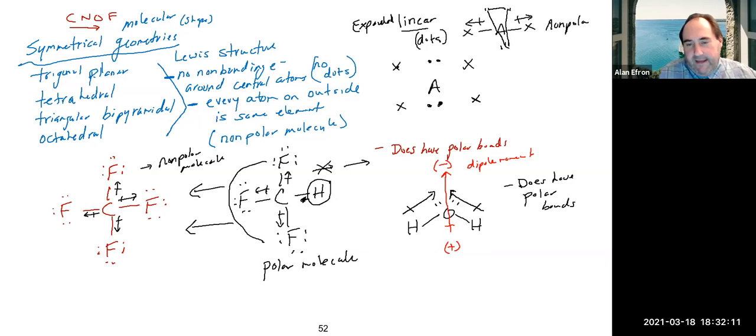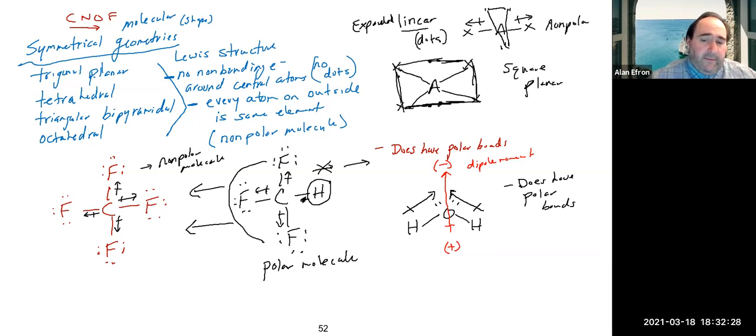And those guys make a nice square. So if you remember, that makes it square, which is why it's known as square planar. It makes basically a square within a plane, which means if all these guys on the outside are the same, they're going to be pulling opposites of each other, so they would cancel. They would be pulling opposites of each other, so they would cancel as well. And again, even though there technically are some dots happening here, this also would end up being a nonpolar molecule because of that.